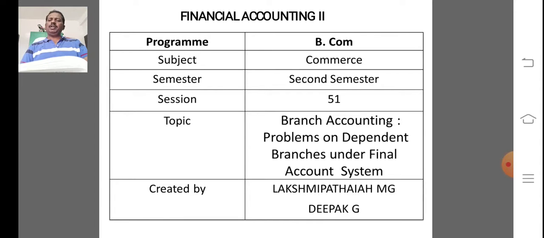On the debit side: to gross loss carried down, to expenses of the branch, to bad debts, and to depreciation on fixed assets. On the credit side: by gross profit brought down. The difference is net profit or net loss, transferred to general profit and loss account.